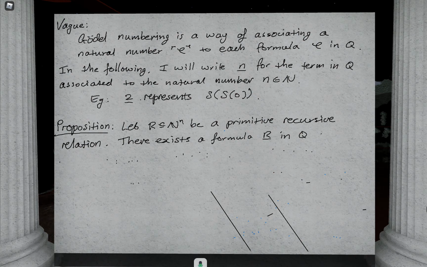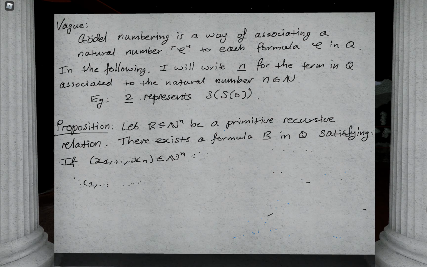Okay. There exists a formula R underline in Q satisfying: if x1 up to xn is some vector, then we have, I guess I should write it, x1, what happened there?